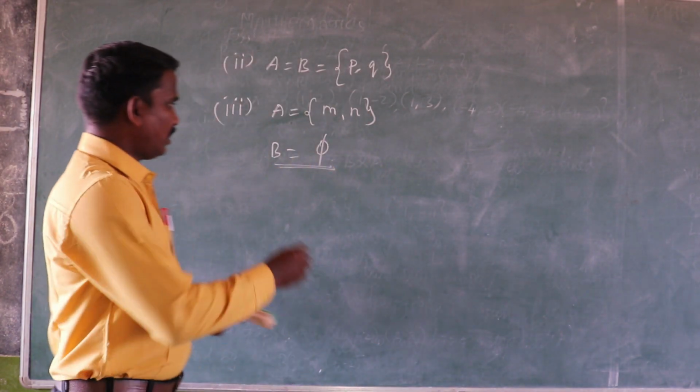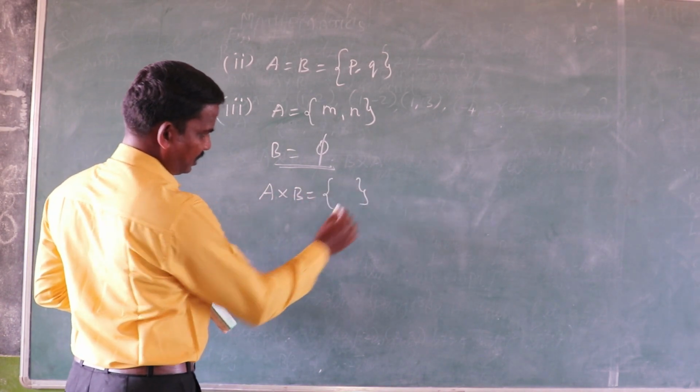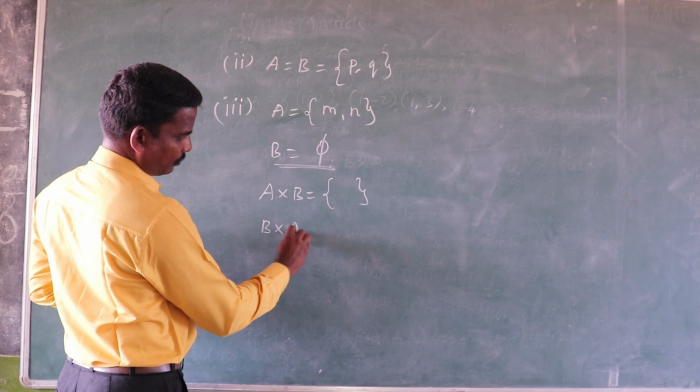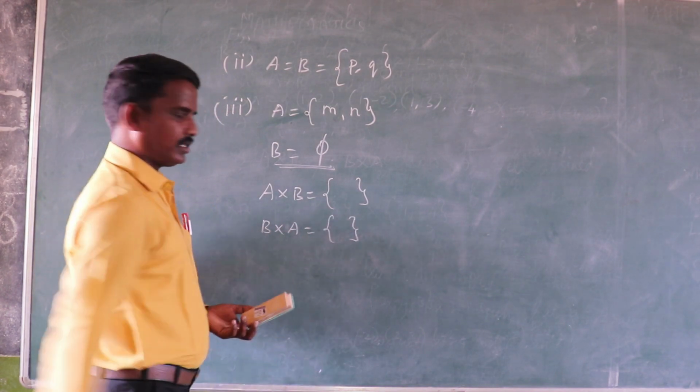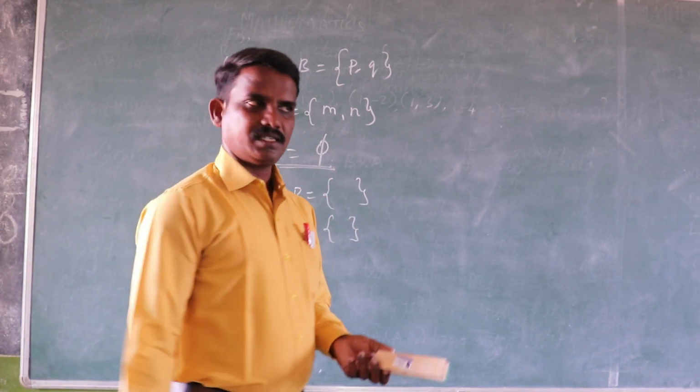Otherwise we can write A cross B is equal to the empty set, and B cross A is also the empty set. Here both are equal because one of the sets is the empty set.